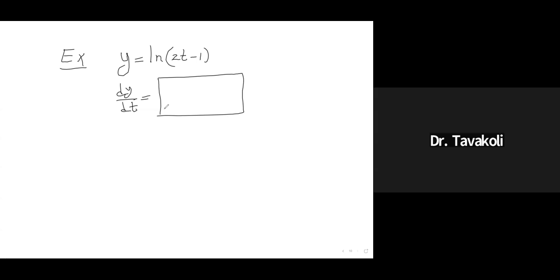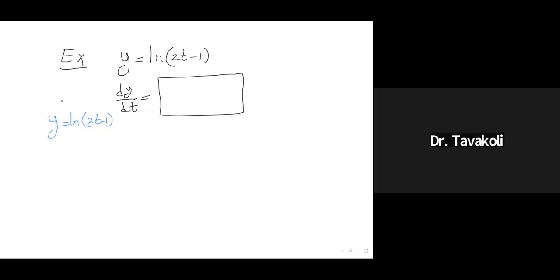So the original function is a function of t, but ln of not just t, it is 2t minus 1. As usual, I suggest that you pause and try to do the example on your own before watching my solution.